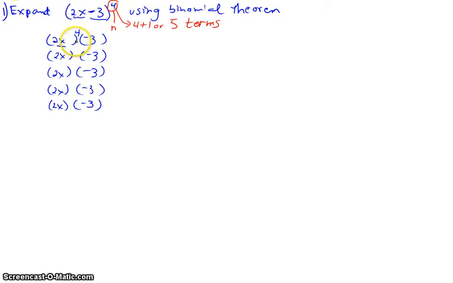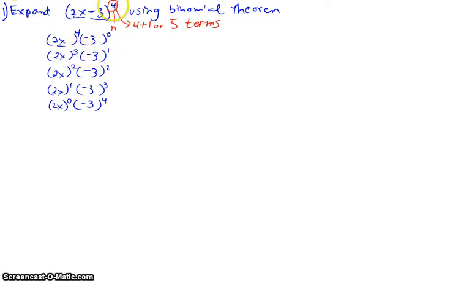Make sure you put it on the outside of those brackets, and then it decreases by 1 until we reach 0. This is why I do it vertically, because it lines up so nicely. The exponent on y, or in this case negative 3, starts at 0 and increases by 1 until you reach 4.